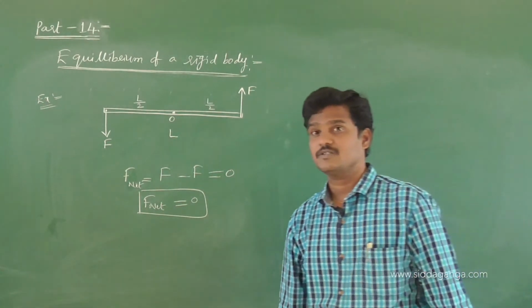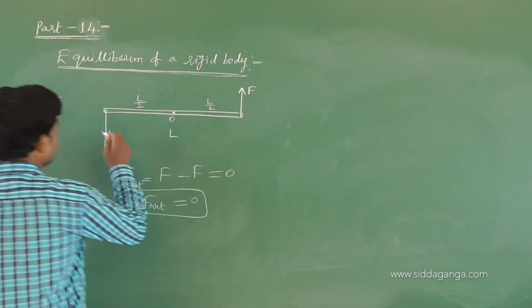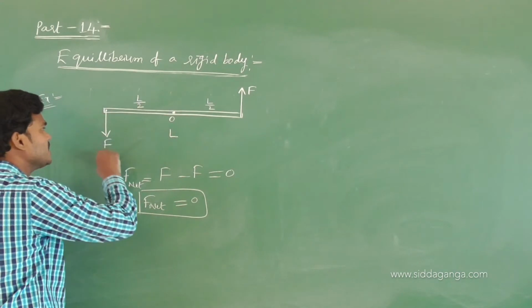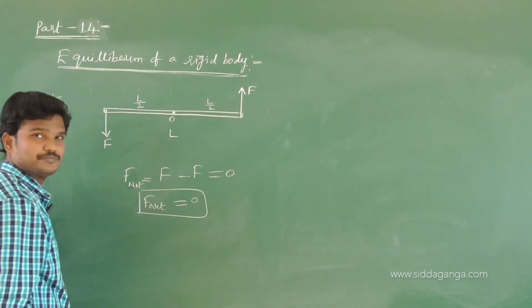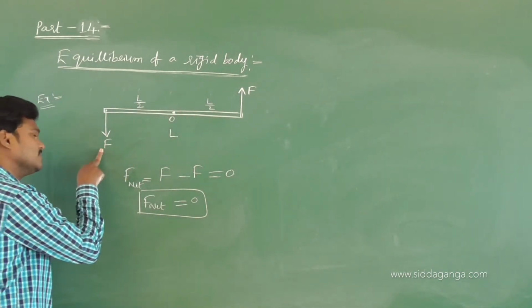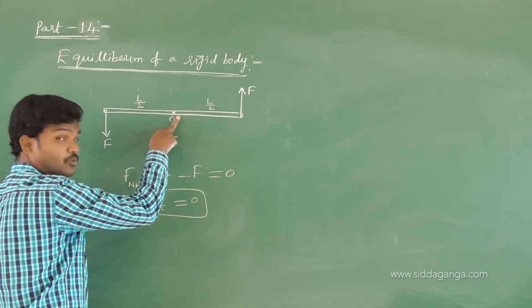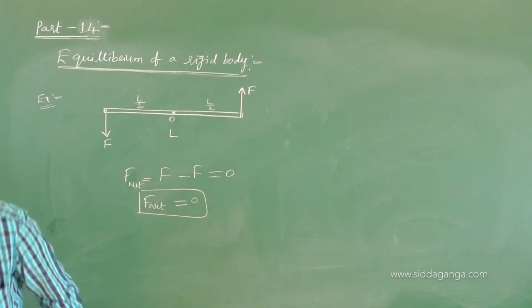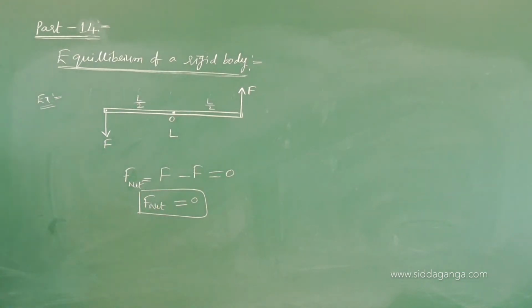Let us check whether it is in rotational equilibrium or not. To check rotational equilibrium, this force will create some torque about this point O. Earlier we covered torque. Tell me what type of torque it will create.